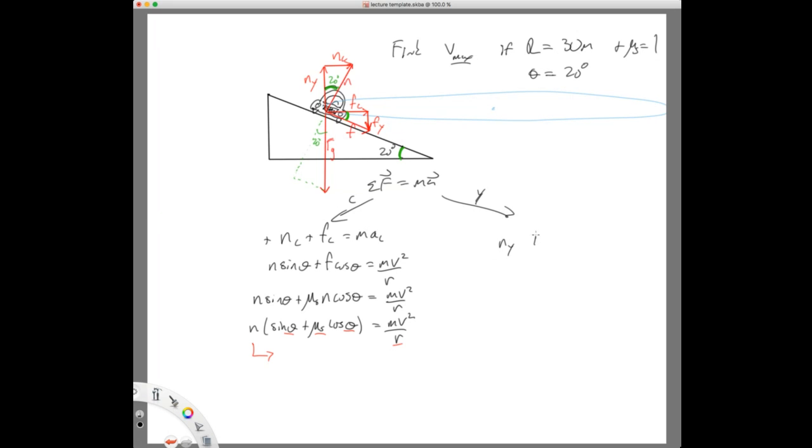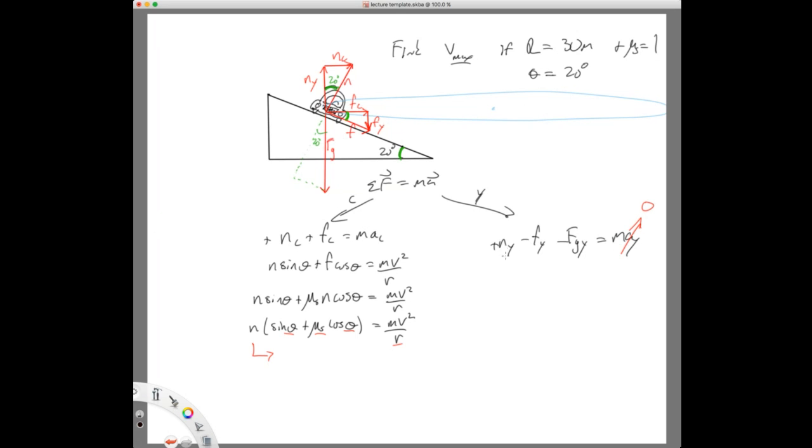So we have Ny, little Fy, and Fgy equals m times ay. But as usual, ay is 0 because the car moves in a horizontal circle. It's not going to move up or down. We have to get our signs, so the normal force points upward, but both friction and gravity point down.